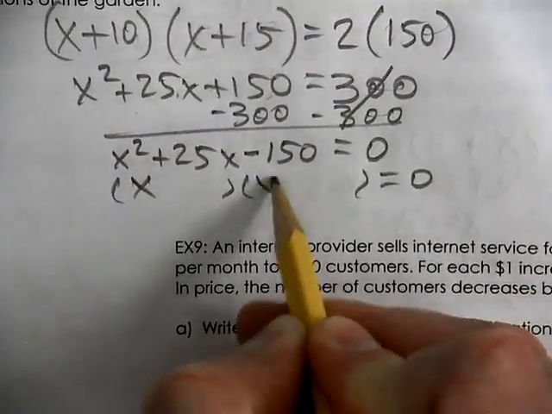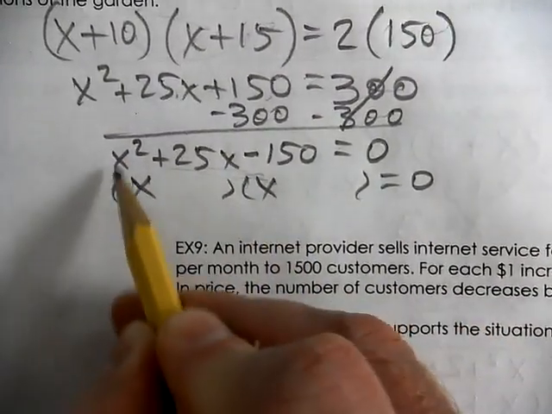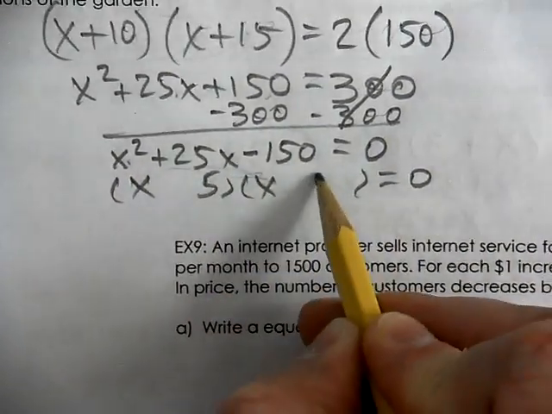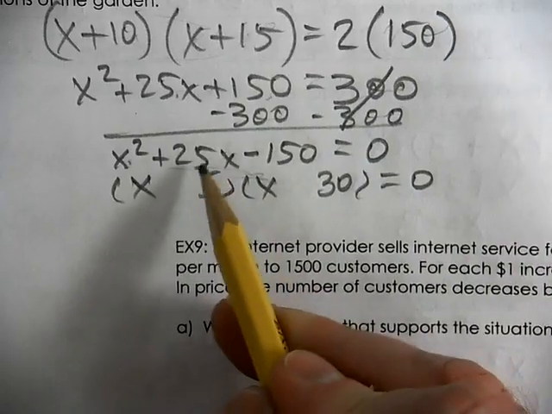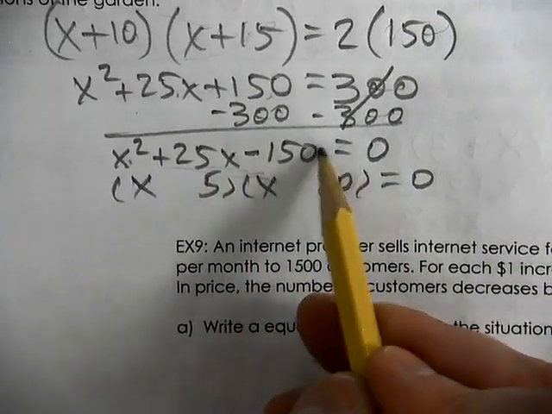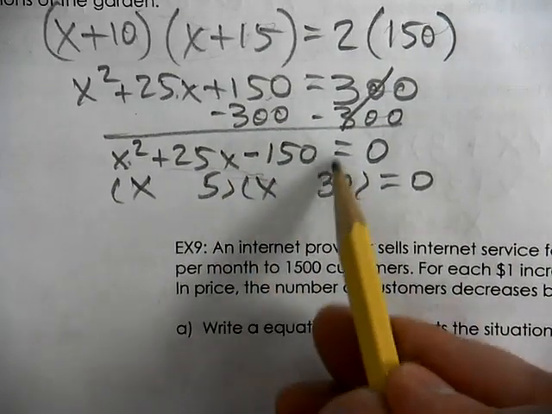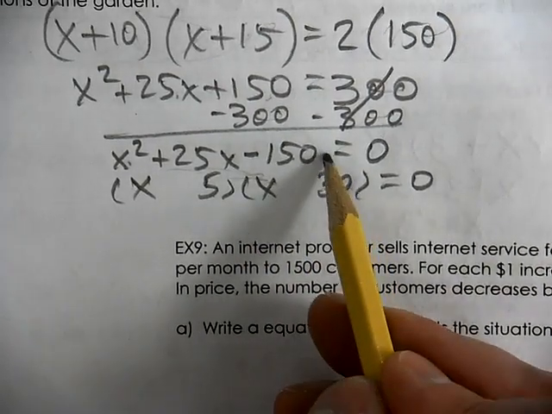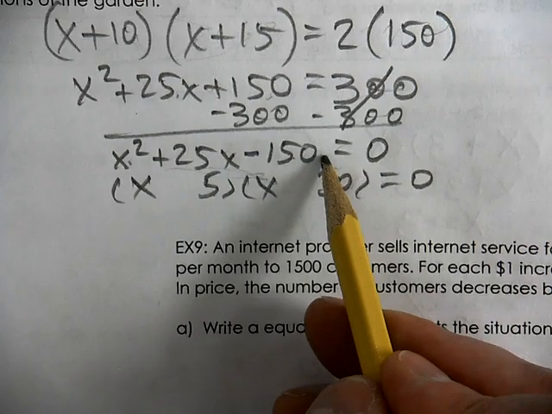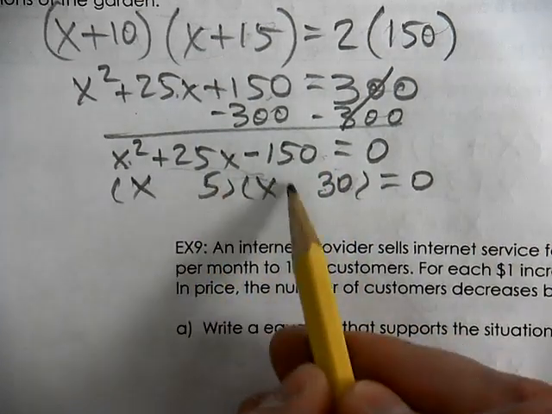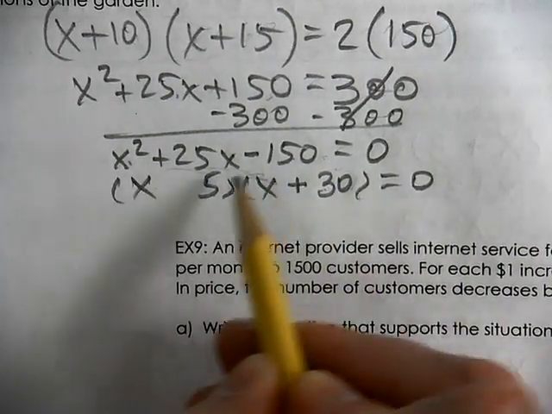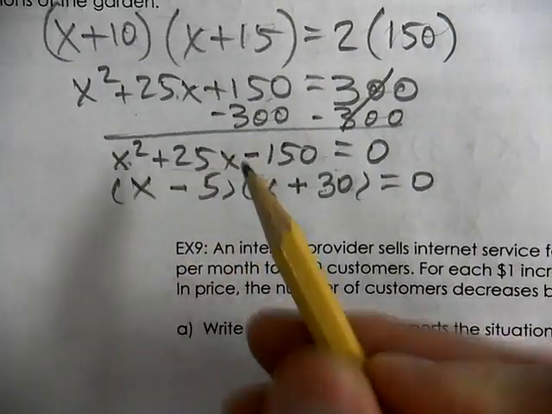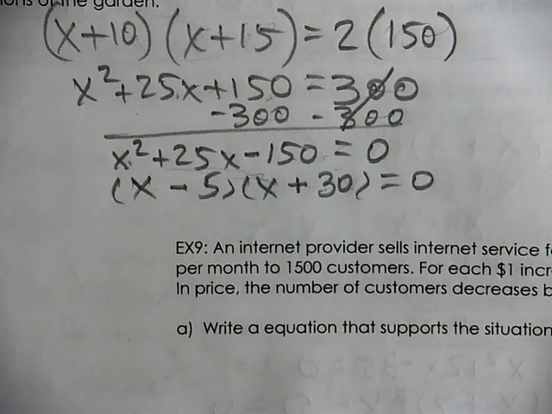So we know the first terms multiply to be x squared. 5 and 30 multiplies to be 150, because 5 times 3 is 15 and the extra 0. So we need a positive 30 and a negative 5 for it to add together to be 25. So we factored it apart.